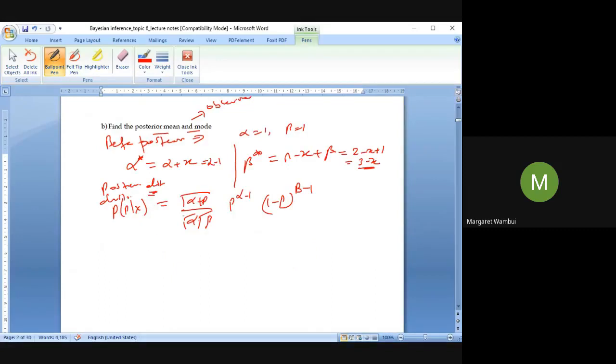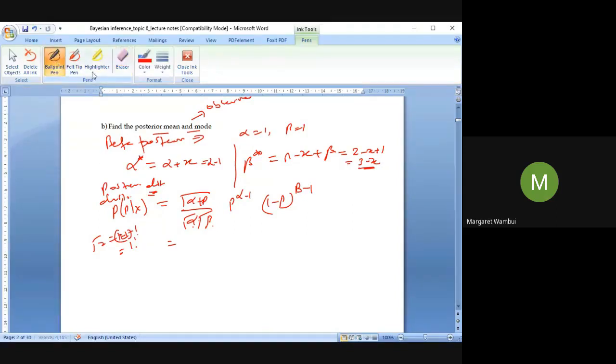If we substitute, this is 1 and this is 1, so it will be gamma 2 over gamma 1 and gamma 1. By the way, this will reduce to 1, because gamma 1 is 1 minus 1 factorial, that is 0 factorial, which is by convention 1. This is also 1 factorial, by convention 1. And gamma 2 is 2 minus 1 factorial, which is 1 factorial. So actually this is 1. That one will not affect our distribution.